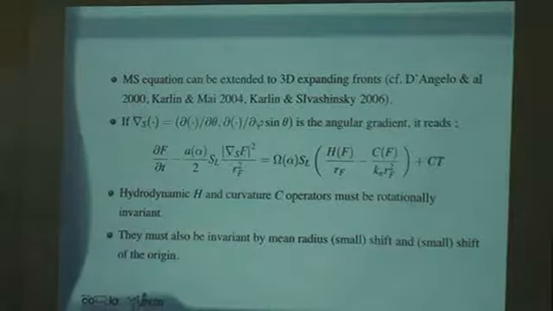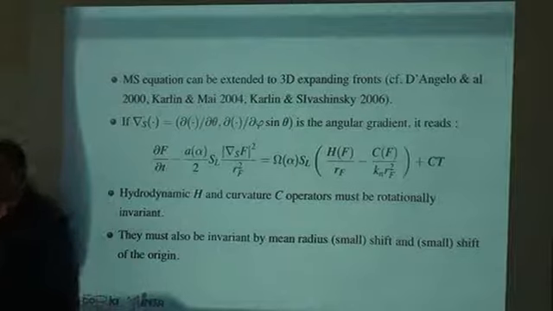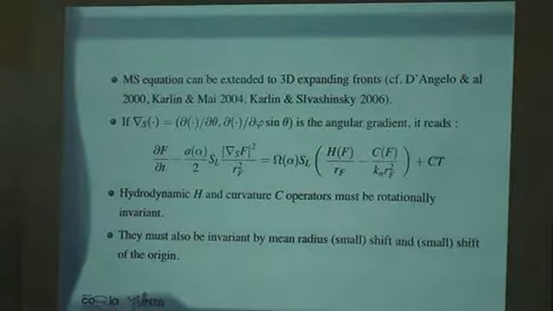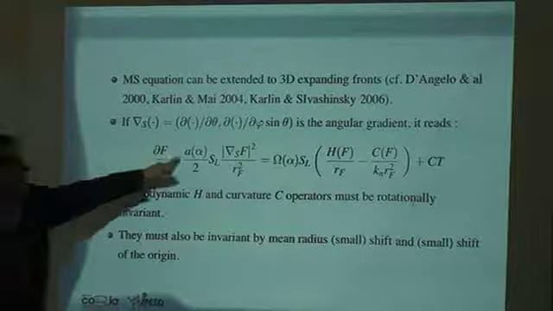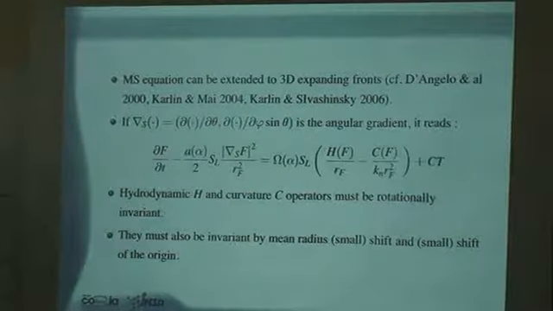S_L is the laminar flame speed, K neutral is basically the flame thickness, and alpha is the density contrast. These coefficients you have to tune to have a good fit between DNS, experiments and this kind of equation.